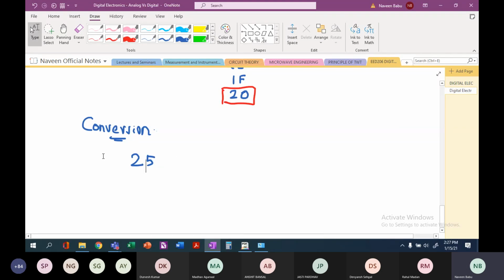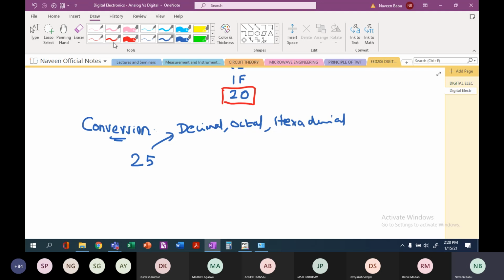Obviously it is not a binary number system, because binary has got symbols ones and zeros only. This 25 can be either a decimal number system or an octal number system, because we have symbols 2 and 5 in octal number system, or you do not know whether they belong to a hexadecimal number system, right? Now, how do we identify it?